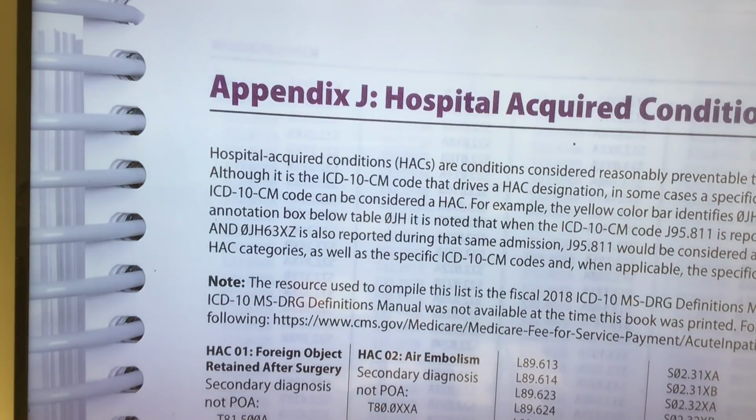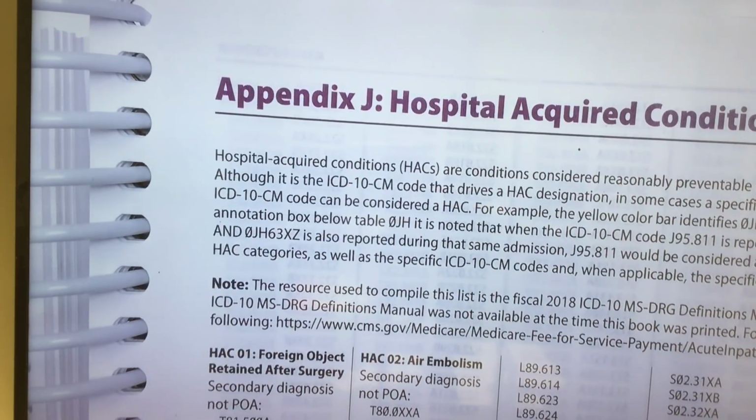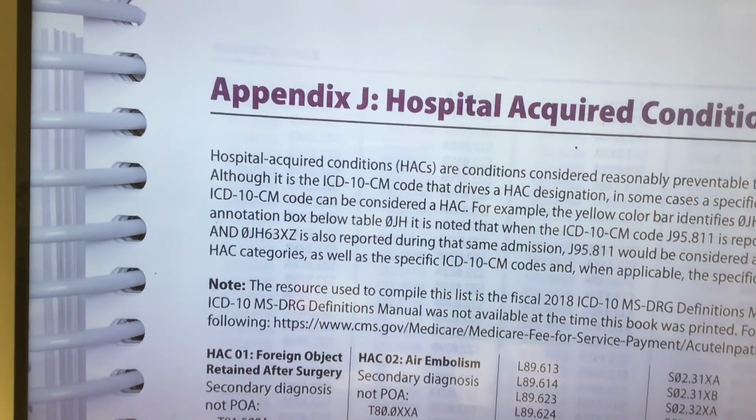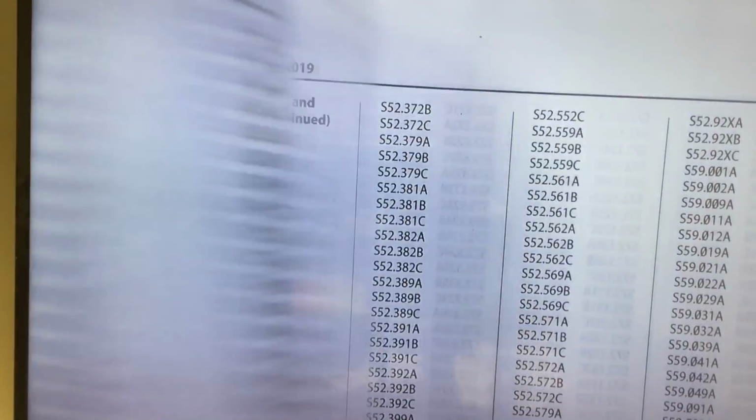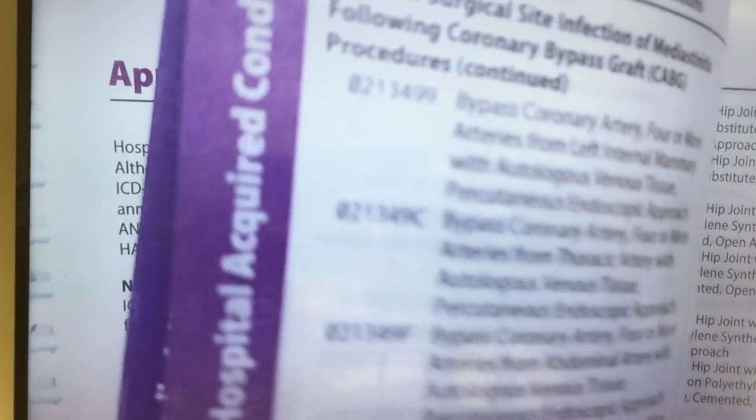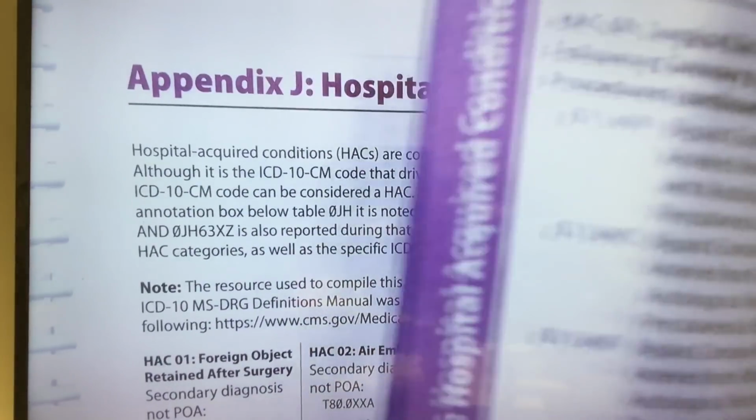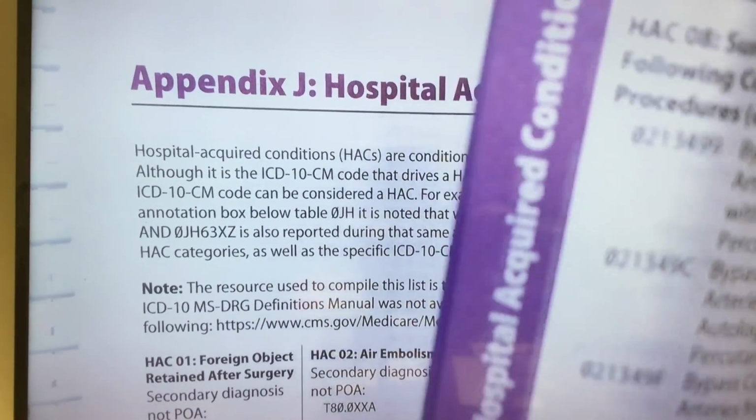You should become familiar with what's in your manual. When you take national coding exams, you take your manuals with you. So it's critical that if you're enrolled in a course, that you learn how to use your manual. All right, Appendix J is all about hospital-acquired conditions. We're going to pass through that and keep on rolling.